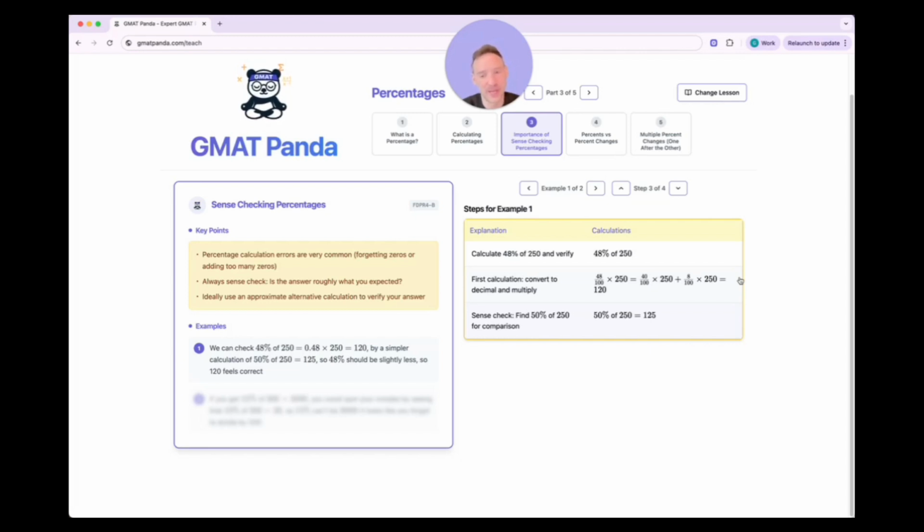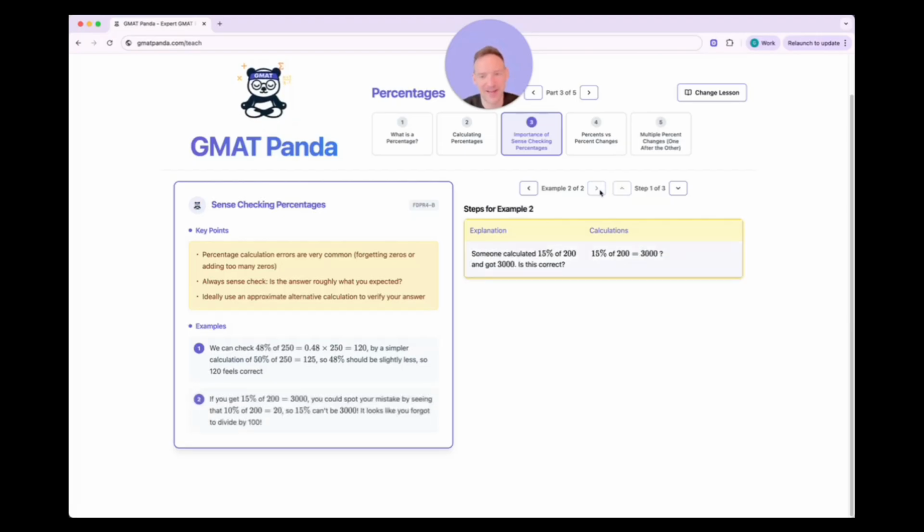But one way of sense checking that is to round up the 48% to 50%. And 50% is half of something. Half of 250 is 125. Do we get something that's close to 125? Yes, 120 is just below 125. That feels right.